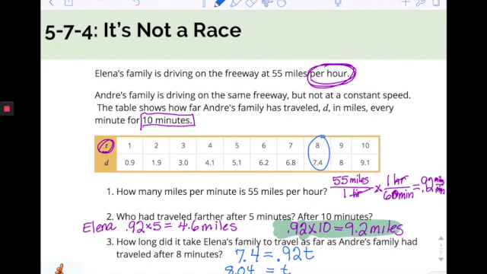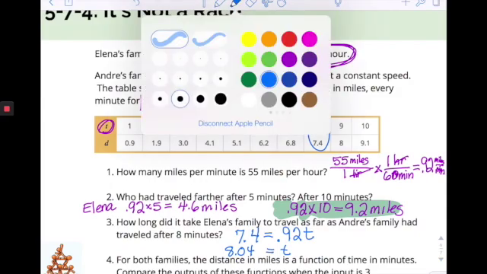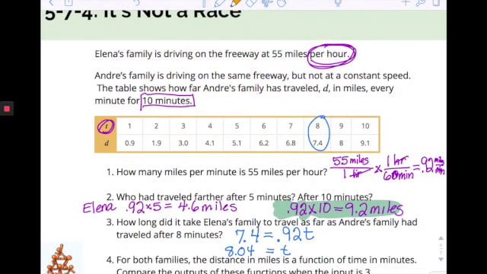And for both families, the distance in miles is a function of time in minutes. Compare the outputs of these functions when the input is 3. Well, let's look. When the input is 3 here, Andre's family went 3 miles.